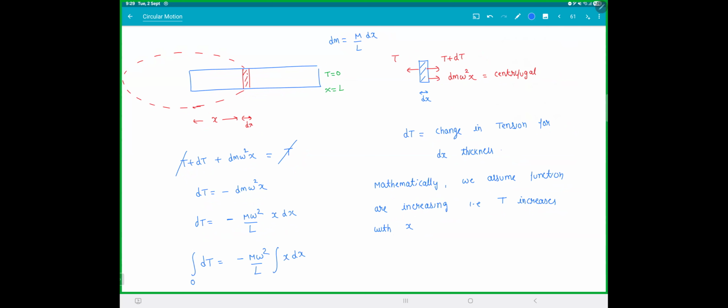If you say tension is 0, where is tension 0? Tension is not 0 at x is equal to 0. Tension is 0 at x is equal to L. This is T and this is x. We have a habit, right? 0 to T, 0 to x.